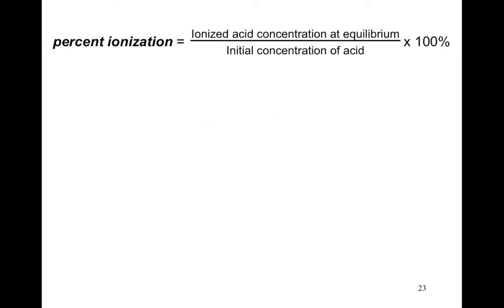So we can use these problems to find what's called a percent ionization. This is pretty logical, actually. Percent ionization: an acid ionizes when it breaks apart into charged ions. And so it's the ionized acid concentration at equilibrium divided by the initial concentration of the acid multiplied by 100%.